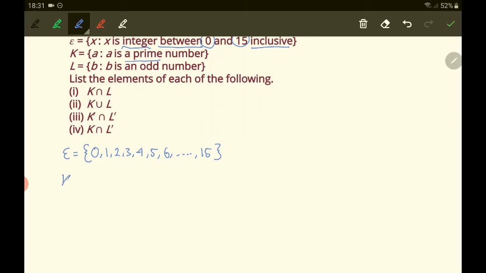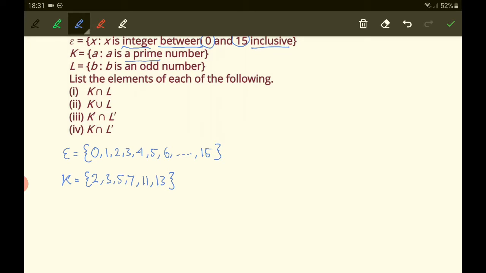The first prime number is 2, so we can write 2, and then 3, 5, 7, and then 11, and then 13. And then done. We don't write 17 because the maximum is 15.